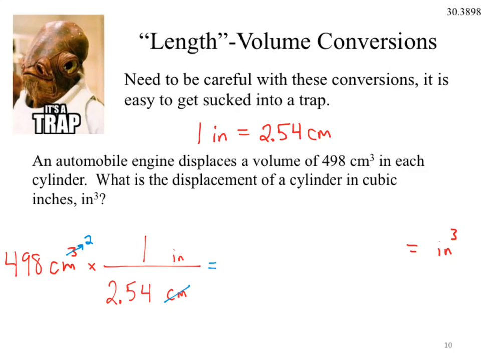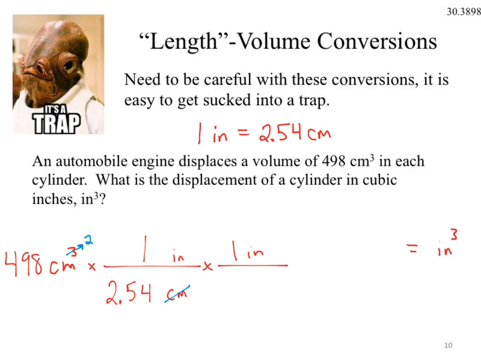The units that I end up with as an answer would then be, is that cubic inches? No, I have that extra centimeter unit in there, so I'm missing something. I need to cancel it, and I need to get more inches back. So what can I do?